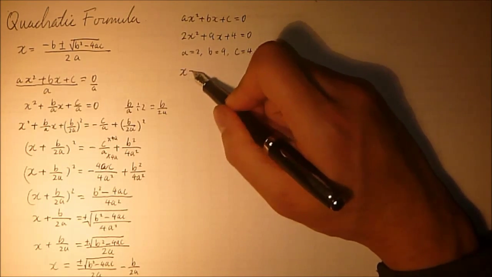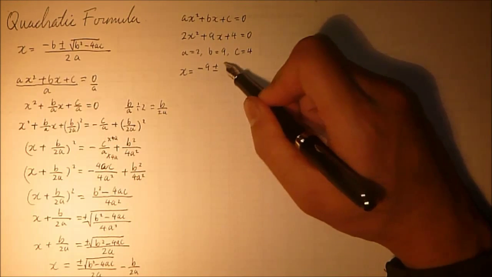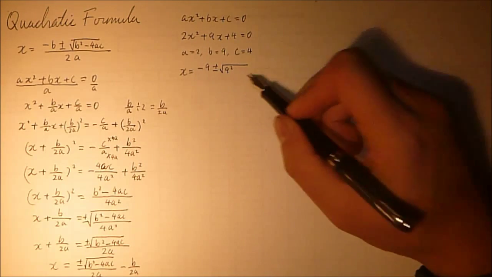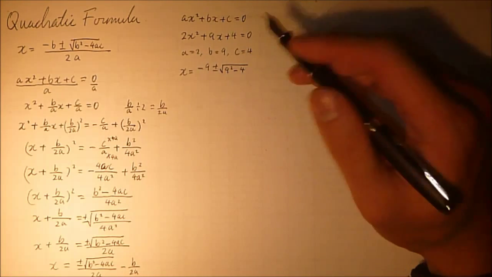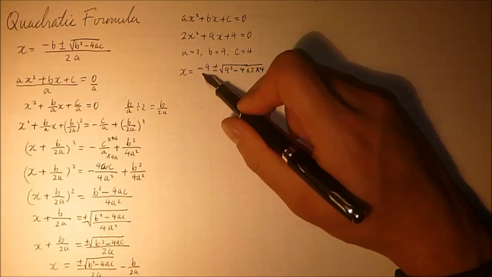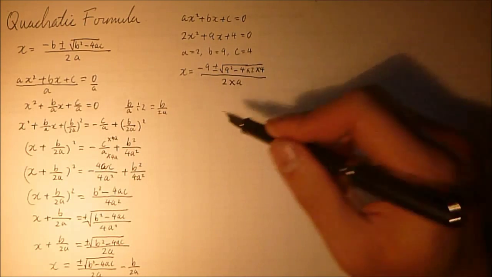So we have x equals minus b, which is 9, so minus 9, plus or minus the square root of b squared minus 4 times a times c, everything divided by 2a, so 2 times a.